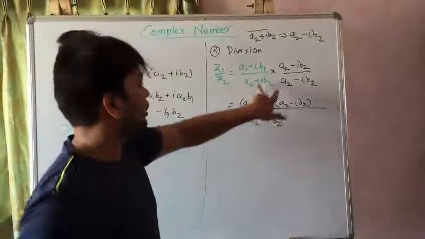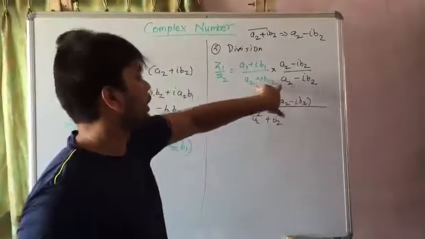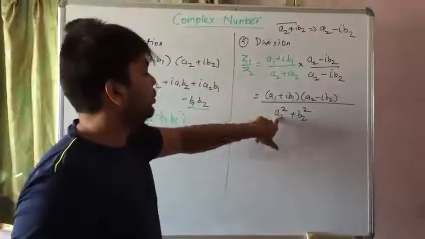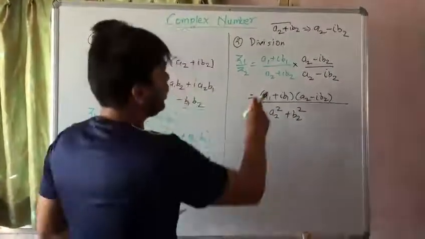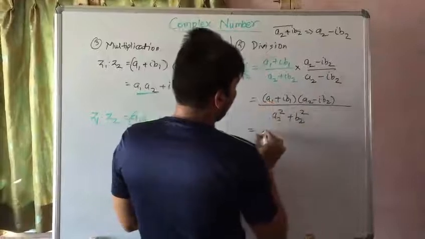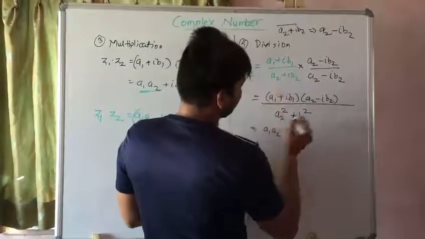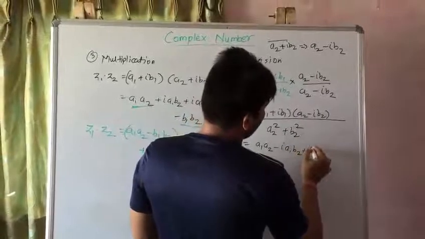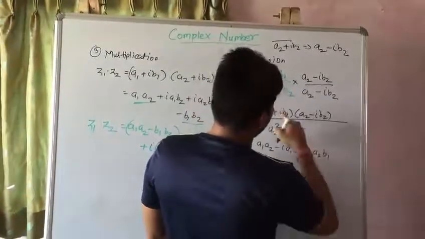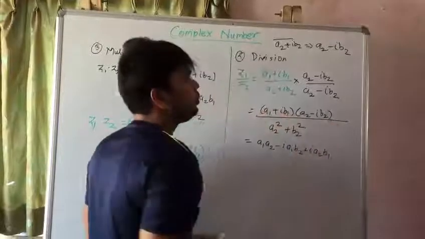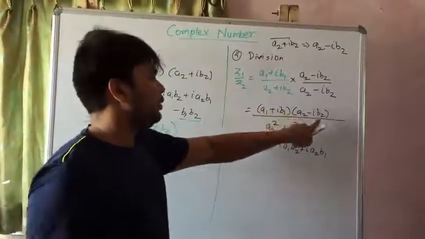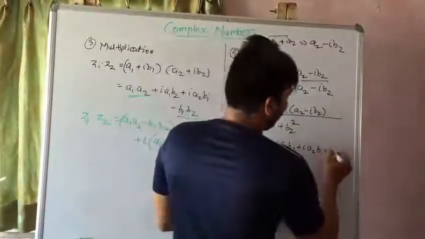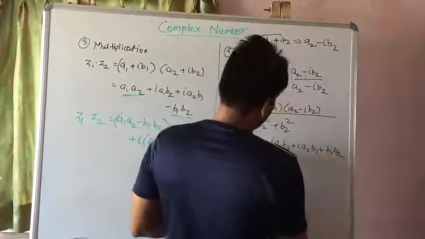You just multiply these two numbers, a2 plus ib2 and a2 minus ib2, and you will get a2 square plus b2 square. Now multiply the numerator, then it will be a1 a2 minus i a1 b2 plus i a2 b1, again ib1 into ib2 will be minus b1 b2, but here again there is a minus, so it will be plus b1 b2.